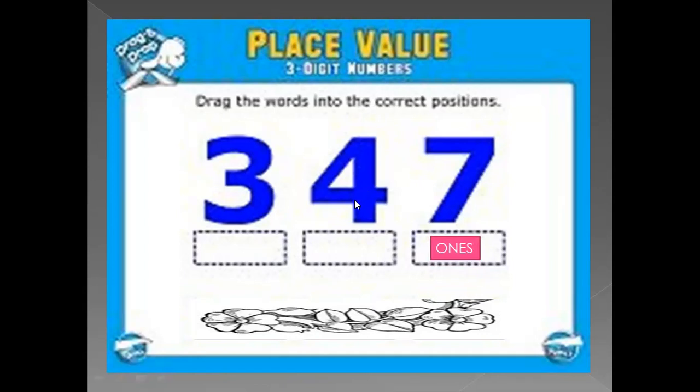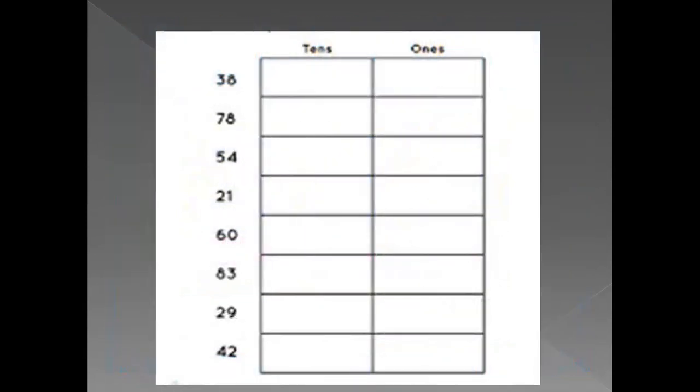What about 4? Tens. And 3 is in hundreds place. So how we will say? This is 347.